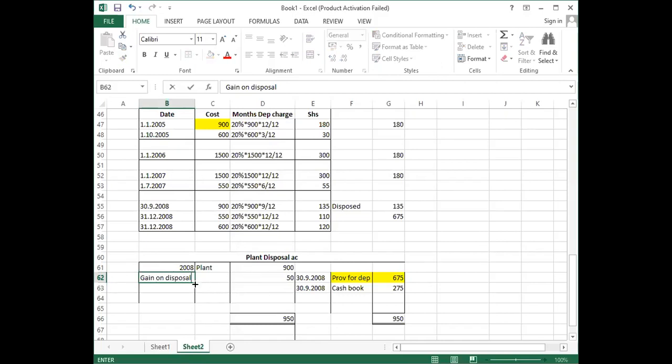And this gain on disposal, we will debit the account here and take it to P and L as a credit that should be added to gross profit. It is an extra income that we have gained on disposing this machine, and therefore we debit it here, right?